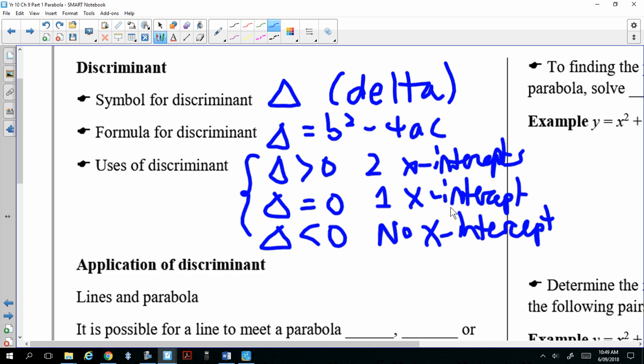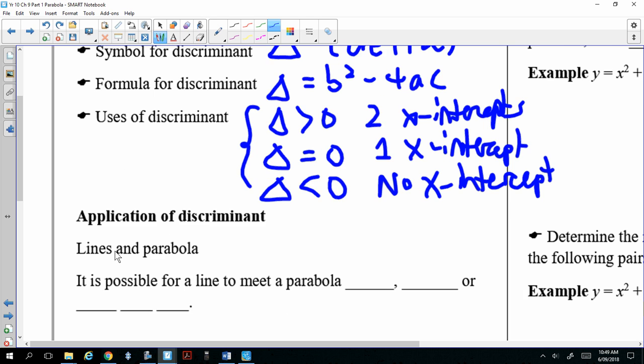And the further use of the discriminant is that we can look at whether lines will intersect the parabola, as you learned in exercise 9G. So it is possible for a line to meet a parabola. Okay, I'm just trying to think what to write in here.